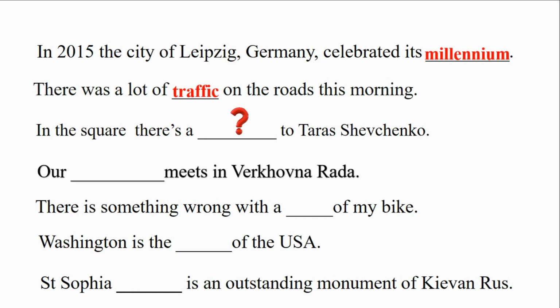The next. In the square, there's a monument to Taras Shevchenko. Of course, it's a monument. There is a monument to Taras Shevchenko. Next sentence. Our government meets in Verkhovna Rada.